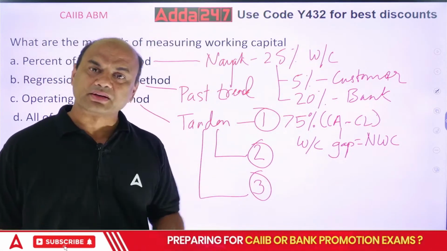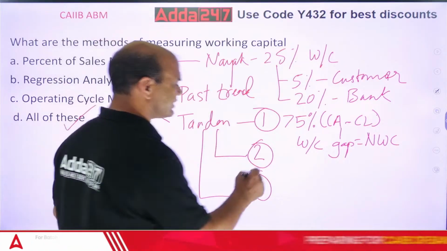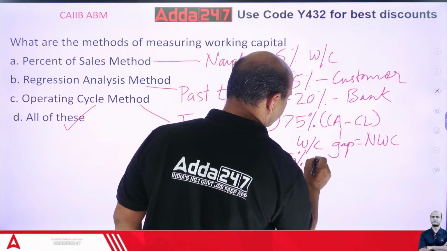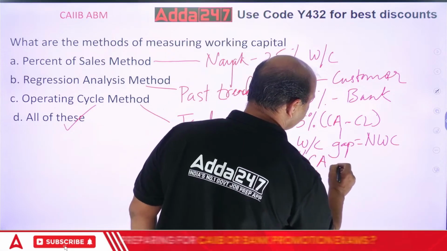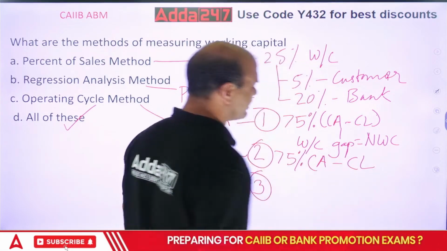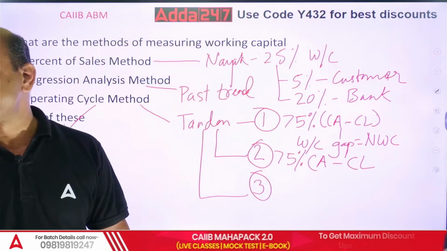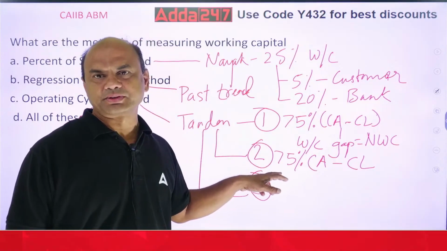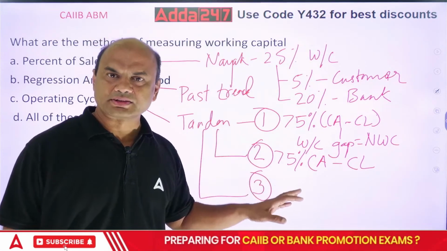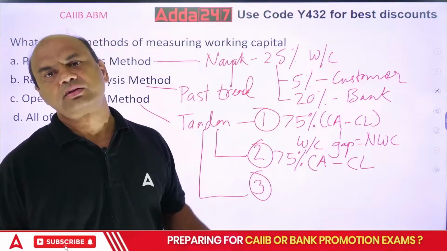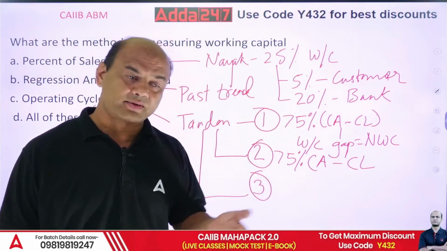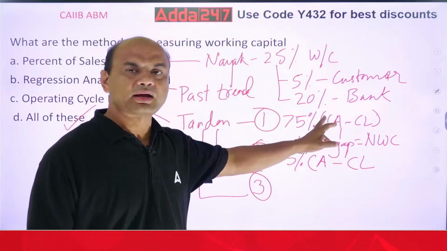Now the second method, very important: 75% into current asset, minus current liability. What are you doing here? See the difference. First you multiply current asset by 75%, and whatever the answer is, you then subtract the current liabilities from that. See the difference: here the bracket, there no bracket.